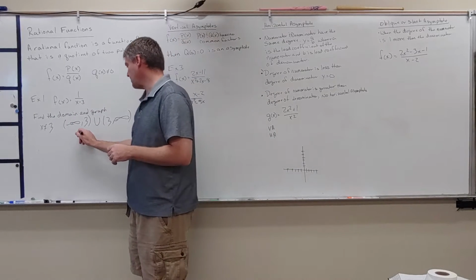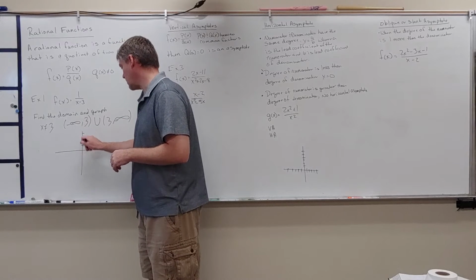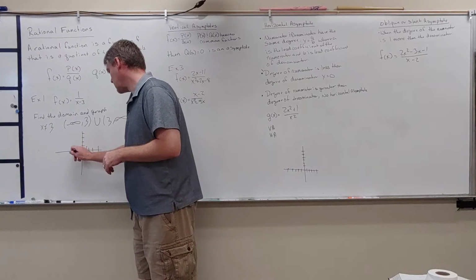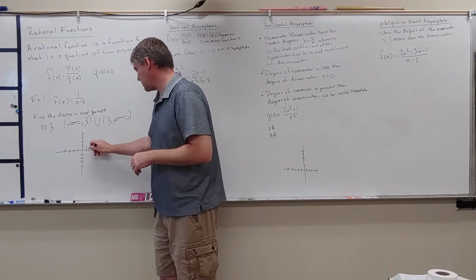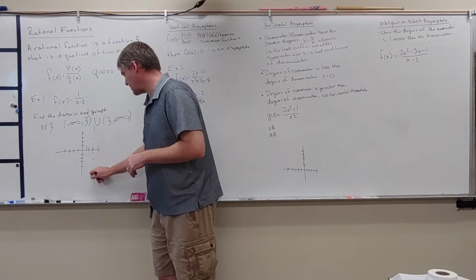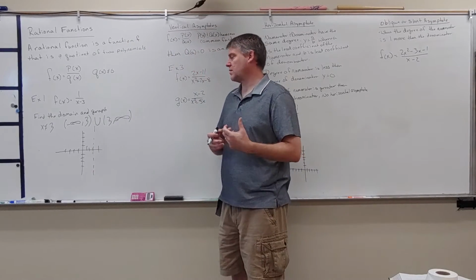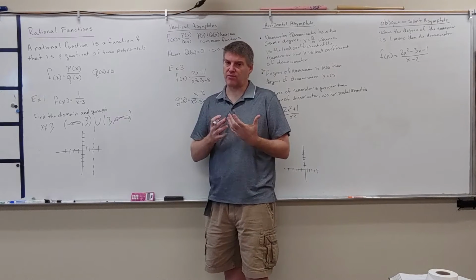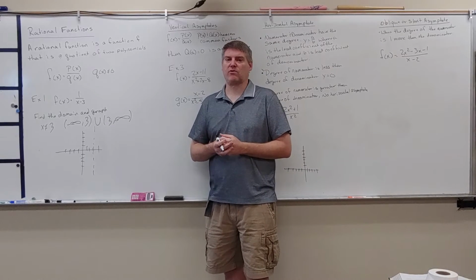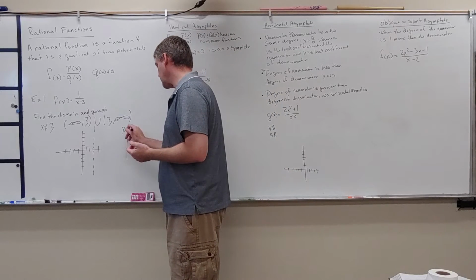Now, if I want to graph this, I'm going to go 1, 2, 3, 4. I know I can't be at 3, so I'm going to put a dashed line there at 3. Now, I'm going to plug in a couple of values on each side of 3 to get an idea of where this is going. I'm going to use a table of values just real quick.